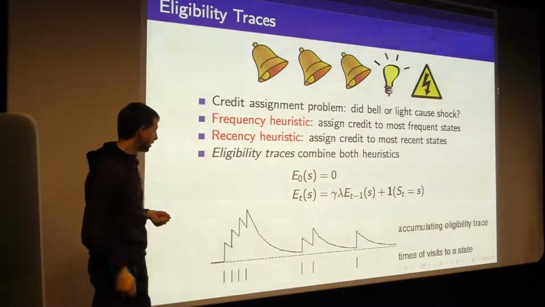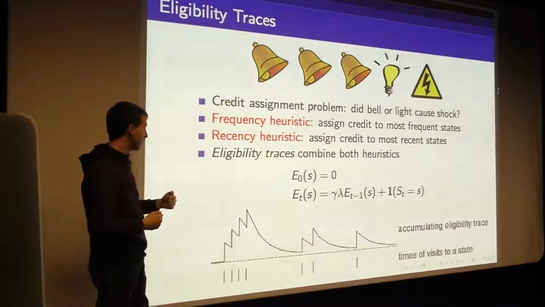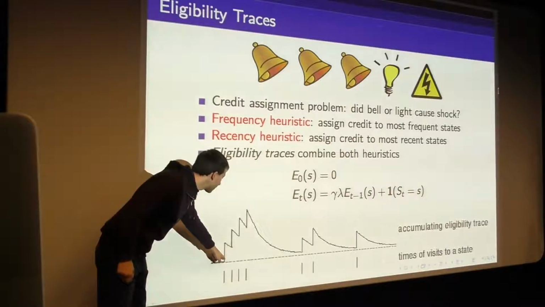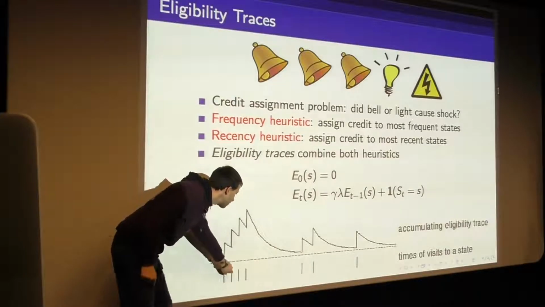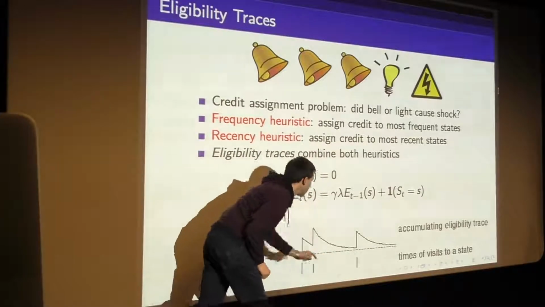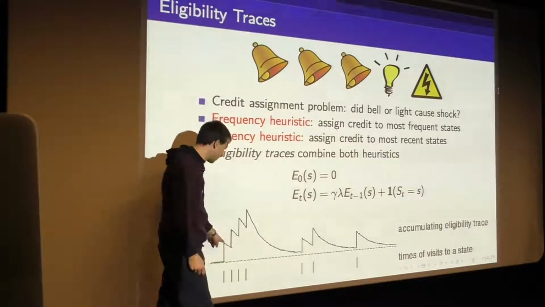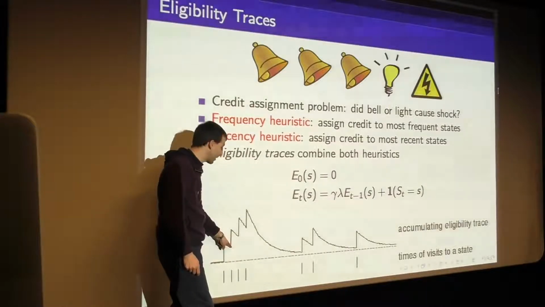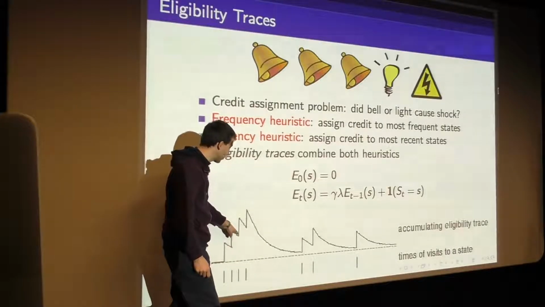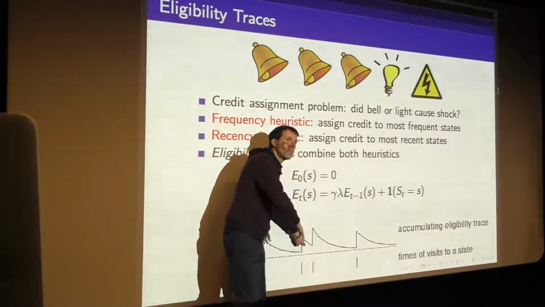What we do with eligibility traces is we look over time at the states that we visit. This is the eligibility trace for one particular state, and these are the moments at which we visit that state. Every time we visit that state, we increase the eligibility trace, and as we stop visiting it, we decrease the eligibility trace exponentially. So we see it, we increase it, we increase it again, and again, and then we don't see it for a long time, and it decays off.